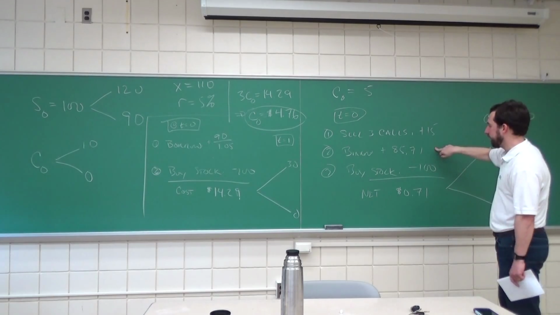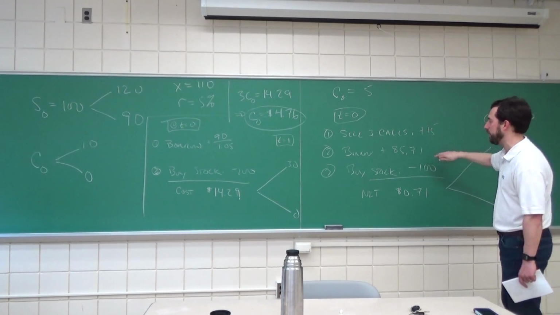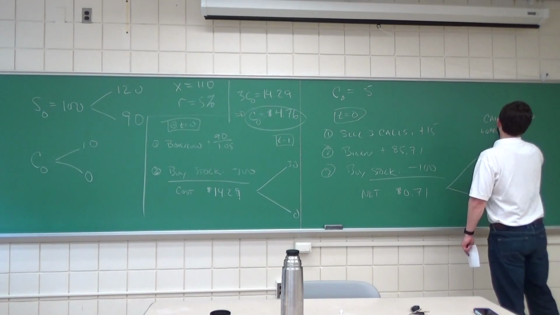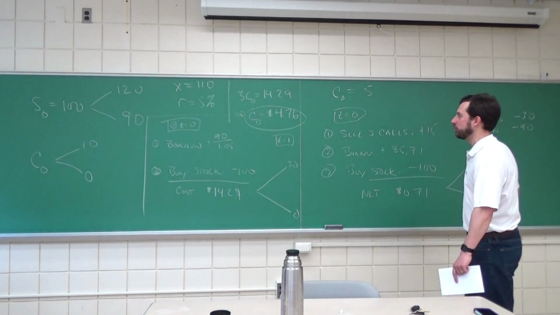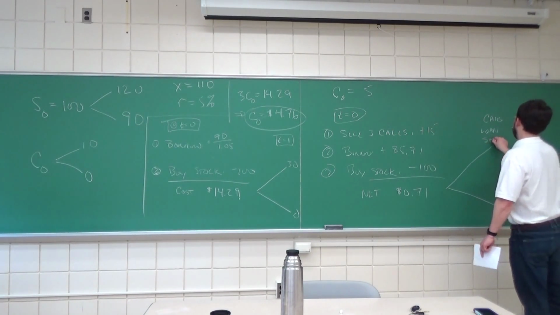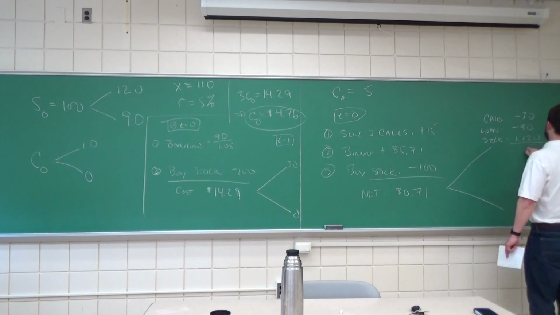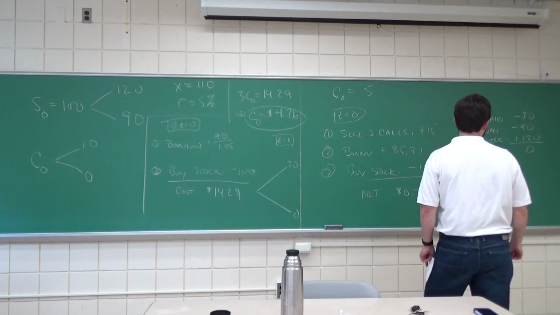We borrowed 85.71, so we have to pay back the future value of that. So we pay back 90. So on the loan, we have minus 90, but we bought the stock. The stock is worth 120. So on the stock, we have plus 120, nets to 0. Exactly what we want.